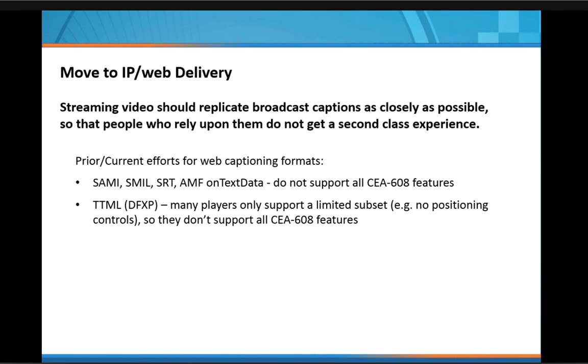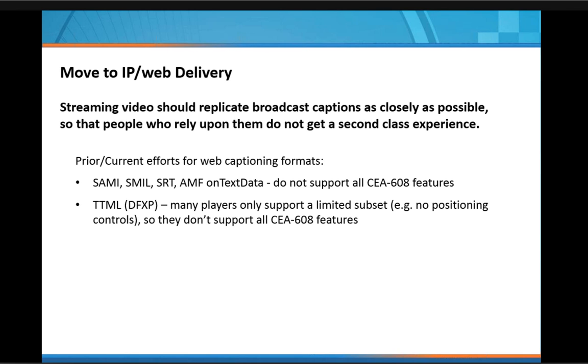But the problem is, when you have a very rich language to express things, the player or the decoder is not necessarily required to implement the whole specification. So in TTML, you pretty much can replicate all the CEA 608 features. But that doesn't mean that if you have a TTML file and a TTML player, it's guaranteed to support all of those features.